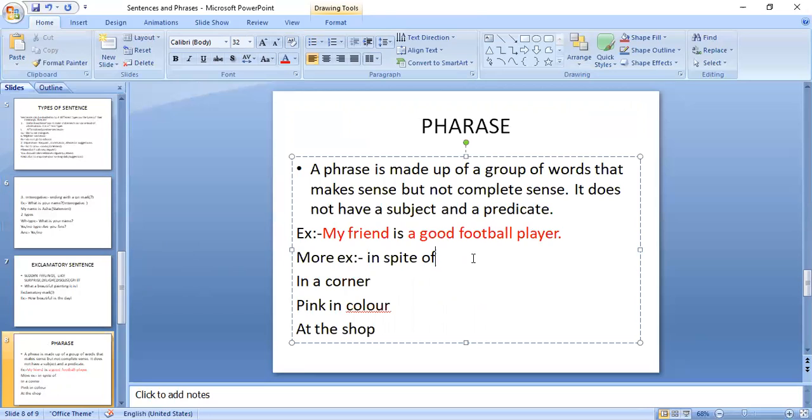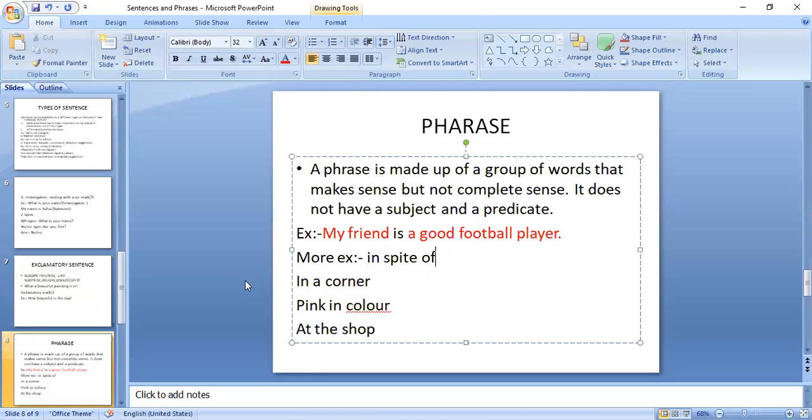A phrase is also a group of words, but a sentence can give a complete sense, but a phrase will not give a complete sense. And we can say that a phrase is a part of a sentence. It doesn't give a complete sense to the sentence.